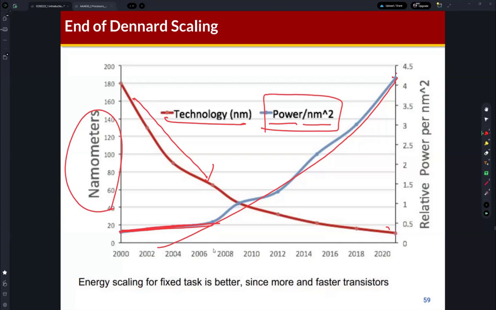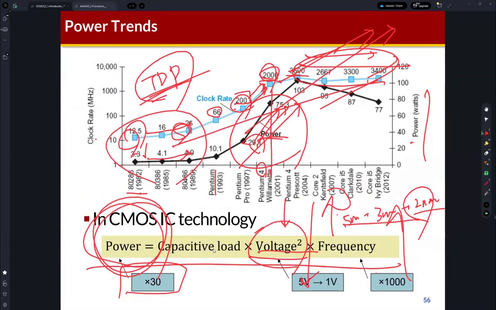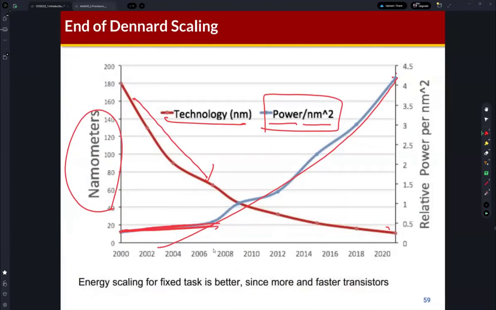Why? Because think about this equation: if we use a smaller transistor, then we can reduce the voltage, but we can increase the frequency. Anyway, the benefit is that in the same area, the power density is the same. Also, if the transistor size is reduced, we can include more transistors in the same area, obviously, right?